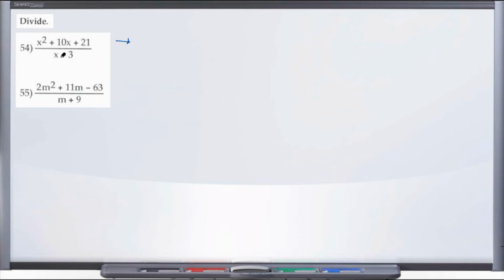So if we have a plus 3, in this case, we're going to take a minus 3, set up our little house, and now inside this house, we are going to write the coefficients of our numerator in descending order of degree, and make sure to fill in any missing degrees with 0, meaning make sure you go from 2 to 1 to none.